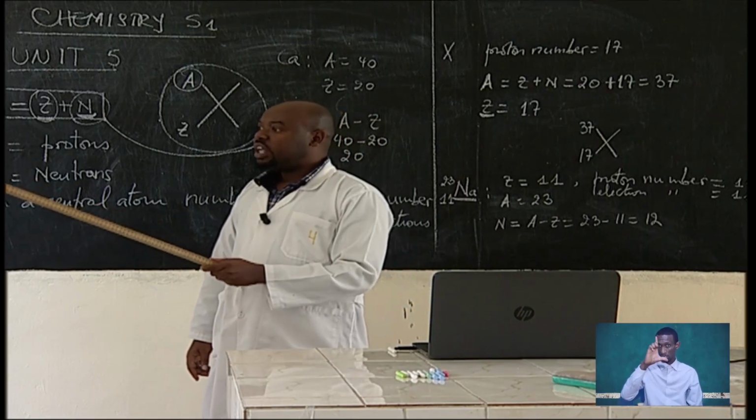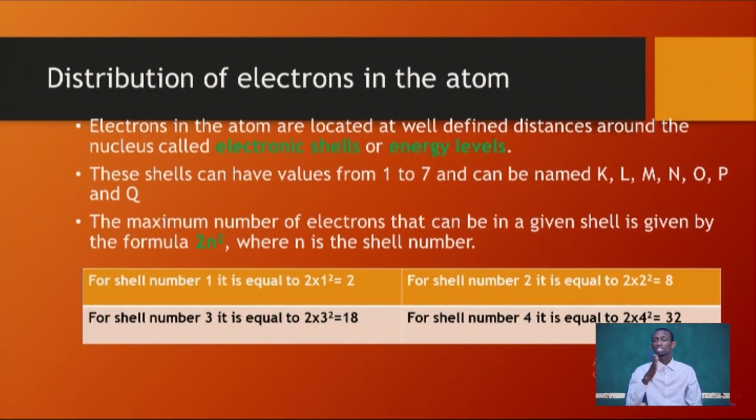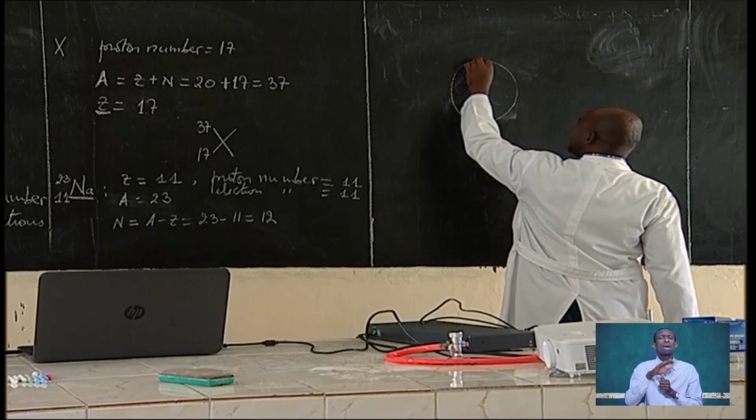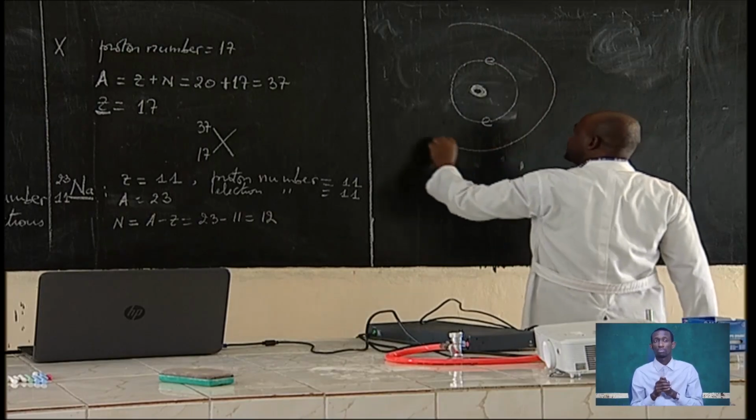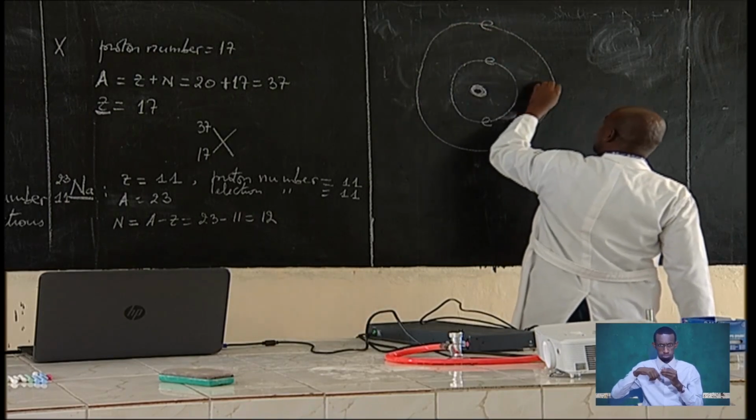So electrons in an atom are located at well-defined distances. The well-defined distances around the nucleus, we call them electronic shells. If we have the nucleus here, for example, consider this to be the nucleus, then around the nucleus there will be some electrons. And at another given distance, there will be other electrons.